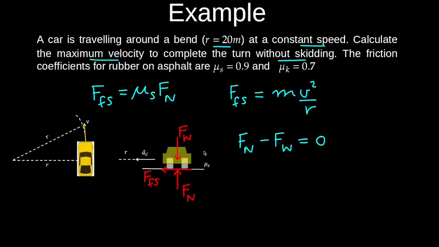So you can solve this equation for the normal force, where the force of weight is the mass of the car by the gravitational acceleration. And substitute the normal force into this expression for the static friction, and substitute the static friction into this equation. And you'll be able to solve for the maximum velocity for the car to complete the turn without skidding.